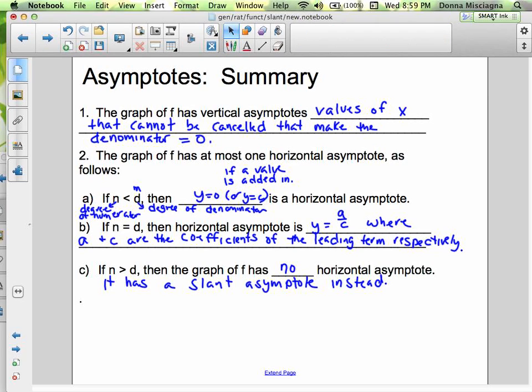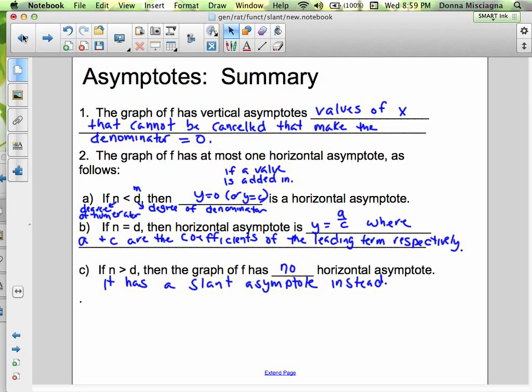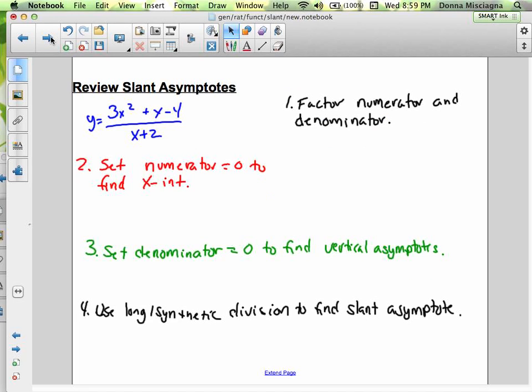All right, let's look at one more graph. Oh, and so I hope this was a good review for you. If you want, you can make a copy of this, and it will get posted if you wanted to print it out or write it down.